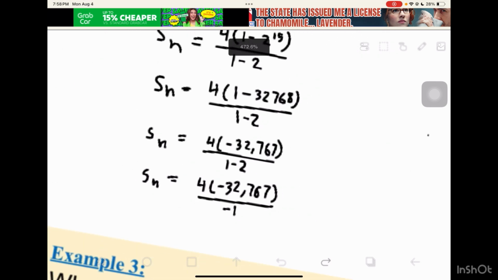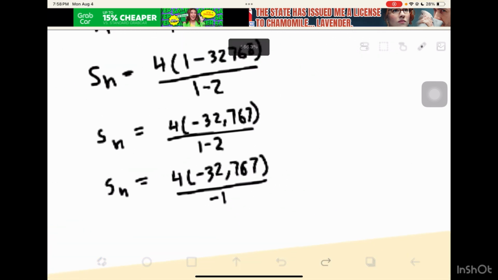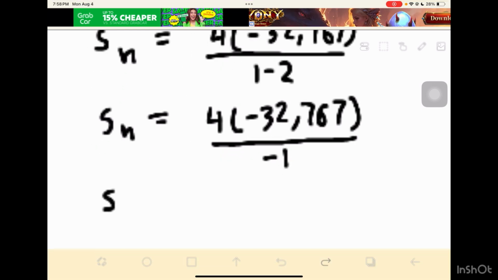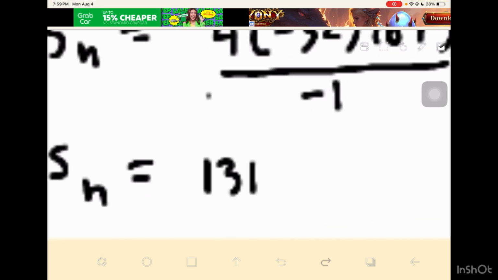That is 4 times negative 32,767 divided by negative 1, which is equal to 131,068.